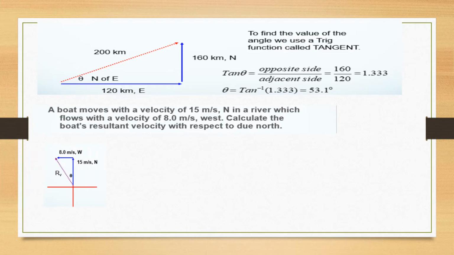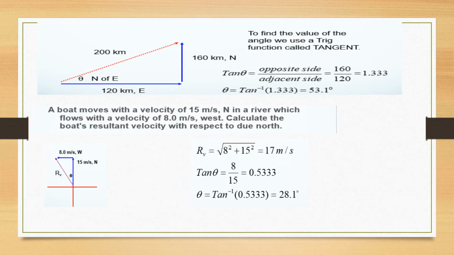The diagram for the boat: the resultant equals the square root of 8 squared plus 15 squared, equal to 17 meters per second. The direction from due north: tan theta equals 8 over 15 equals 0.5333, then theta equals tan inverse of 0.533 equals 28.1 degrees.